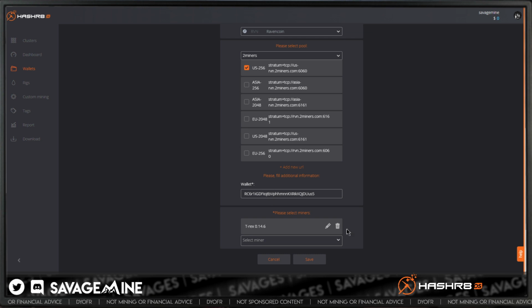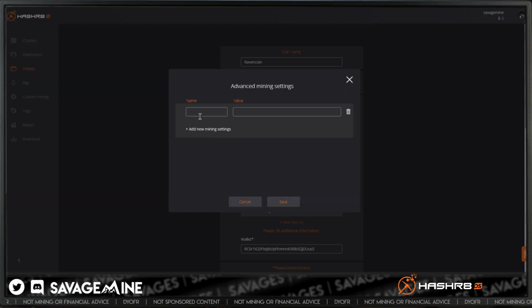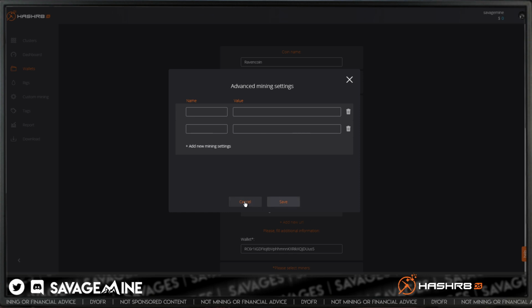And then this is something I actually had a question about. If you want to add miner options, then this is where you would do it, right? You see the little pencil here for editing. So you click that, and then you can add in different values if you need to. And the way it works is, let's say you were doing the algo, because T-Rex has the algo parameter, right?